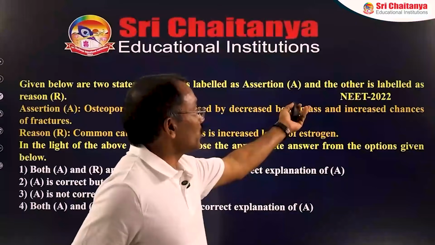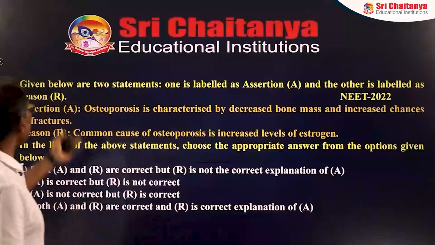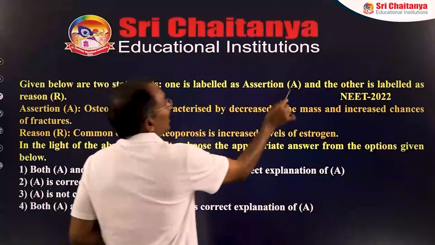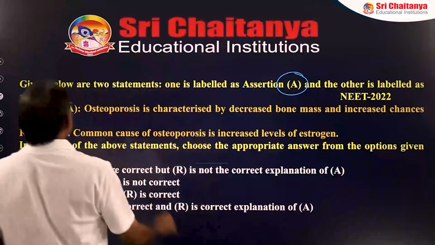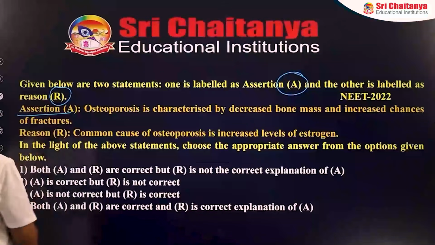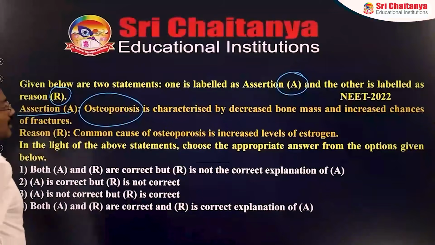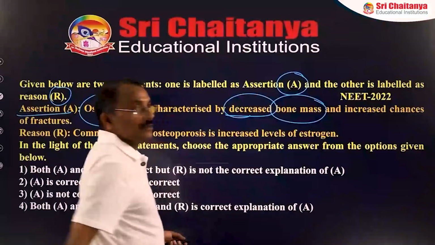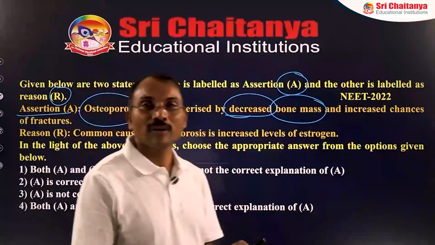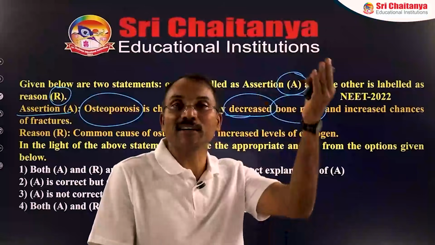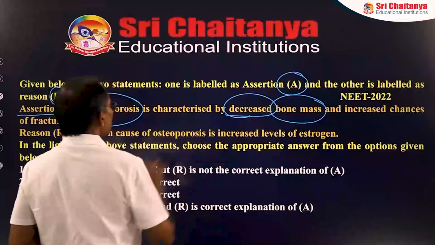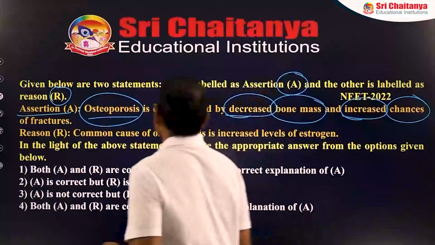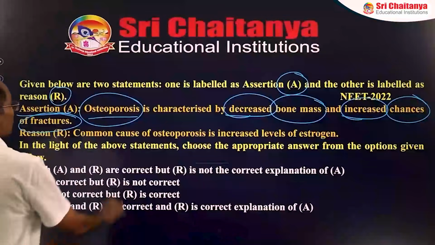There was a question in NEET 2022 in the form of assertion reason question. Given below are two statements, one labeled as assertion, another labeled as reason. Assertion: osteoporosis is characterized by decreased bone mass. That is correct. We have discussed the symptoms of osteoporosis, an age-related disorder. Bone mass is decreased in osteoporosis and there are increased chances of bone fractures. So this statement is true.